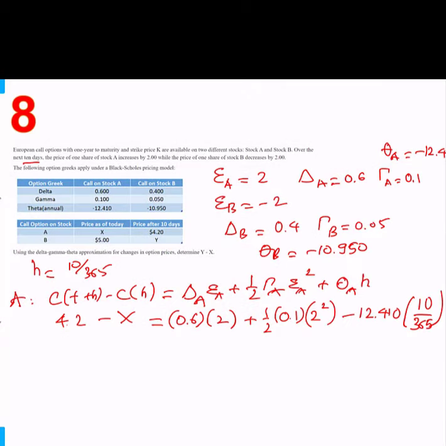From here we can solve for X. Just use the calculator. We get X is 3.14.